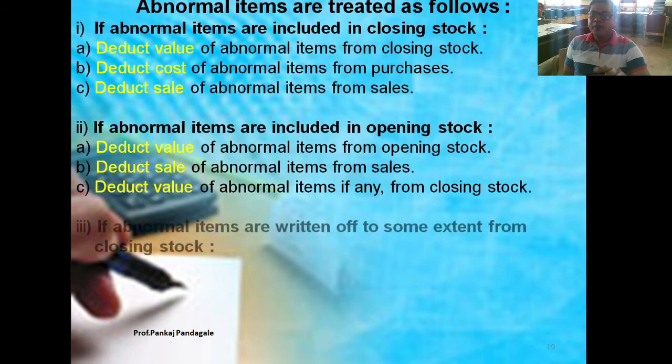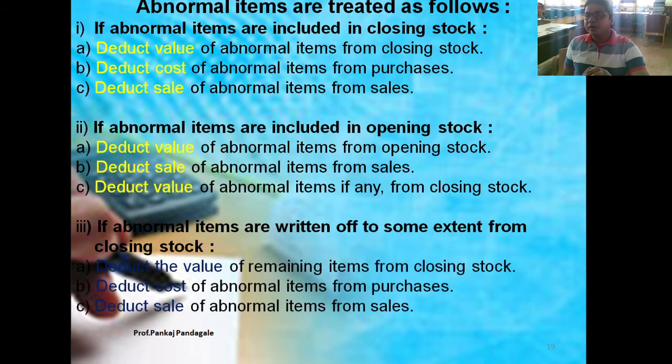Sometimes, if the abnormal items are returned to some extent from the closing stock, deduct the value of the remaining items from the closing stock, deduct the cost of the abnormal items from purchases, and deduct the sales of the abnormal items from sales.